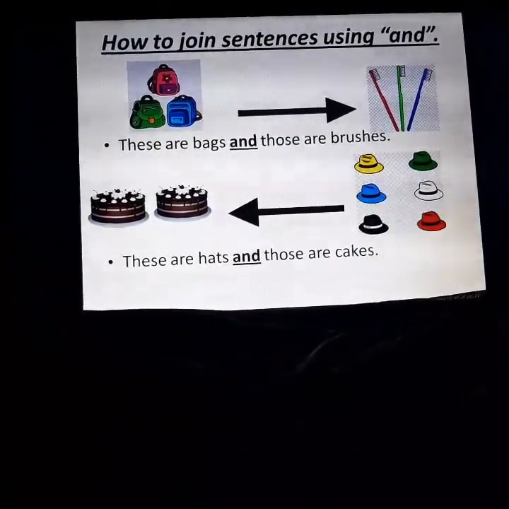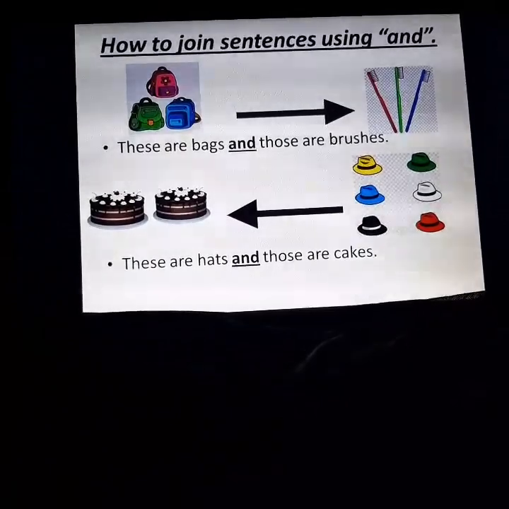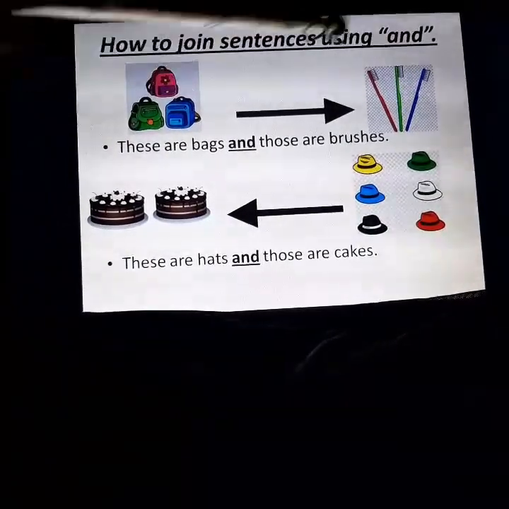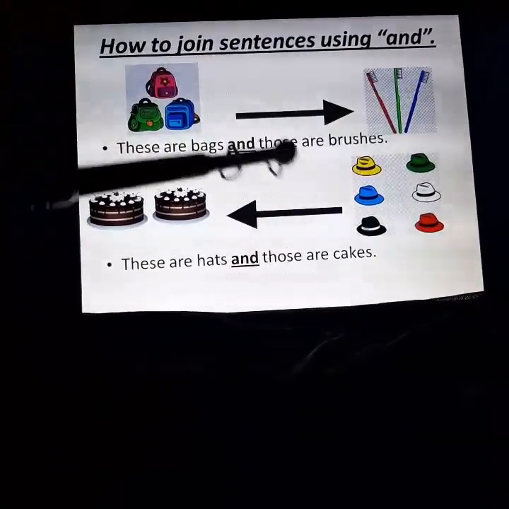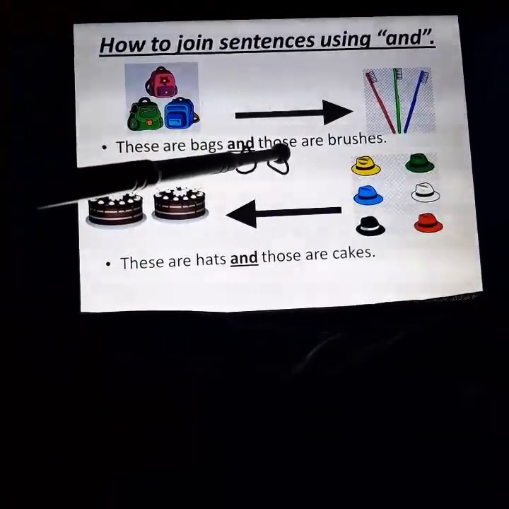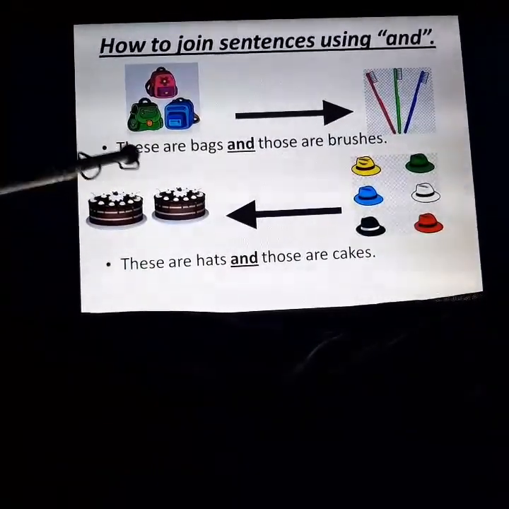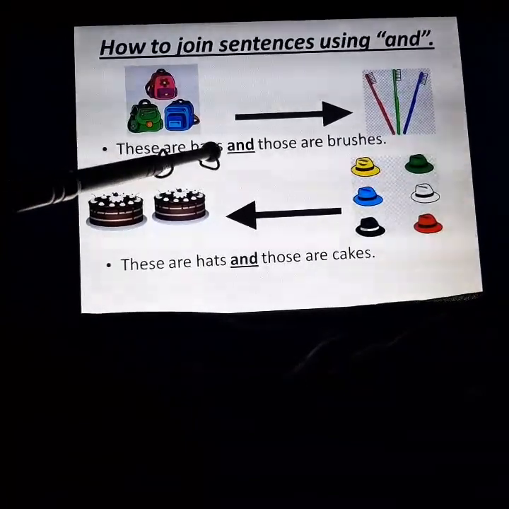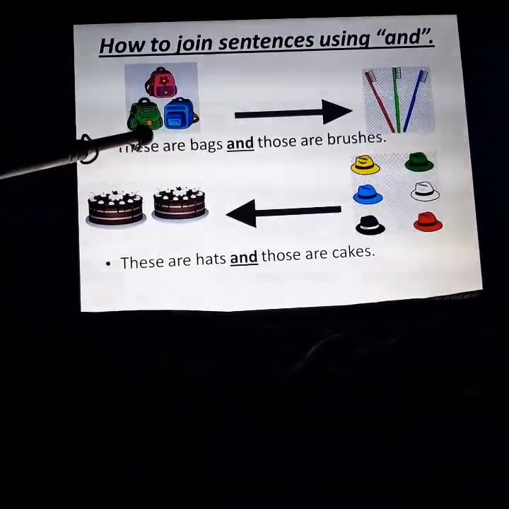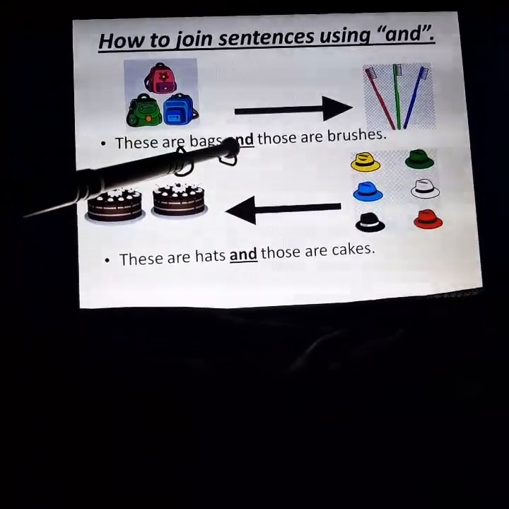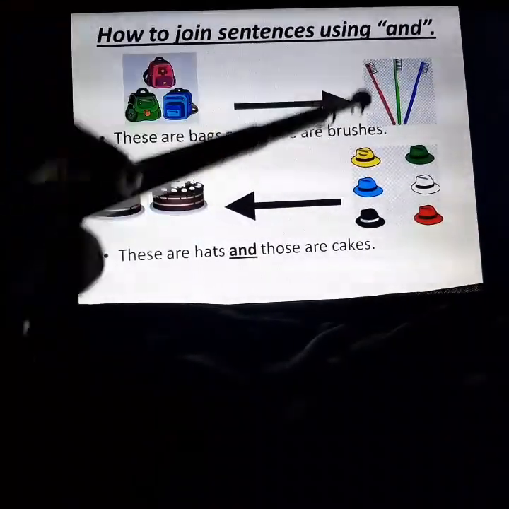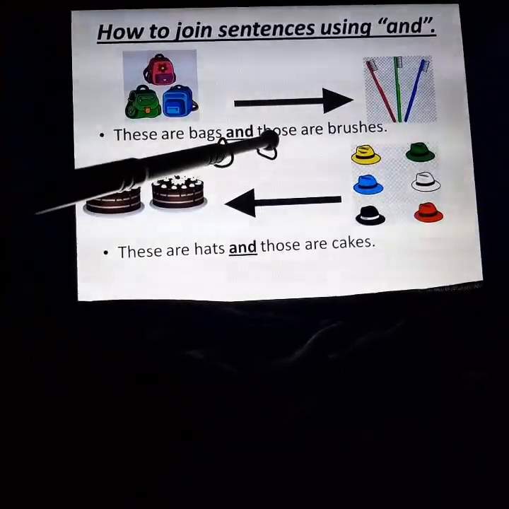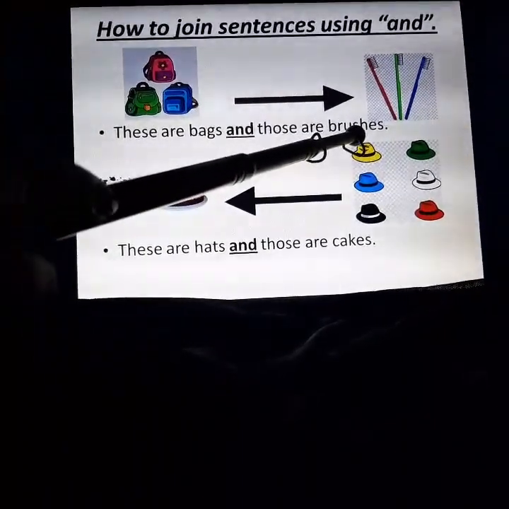So let us see how to join sentence using and. Now this arrow points far object and for far object we will use those. So let us frame a sentence. These are bags. And now here we will use and. Those are brushes.